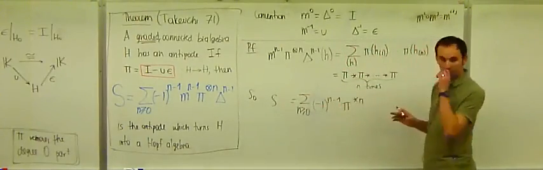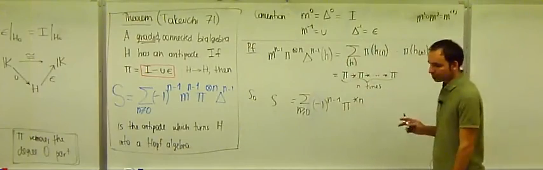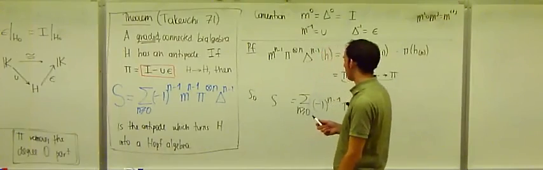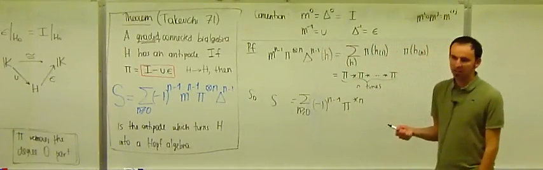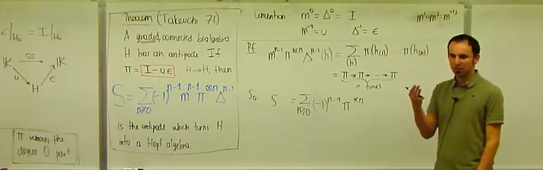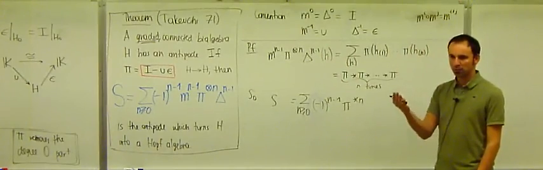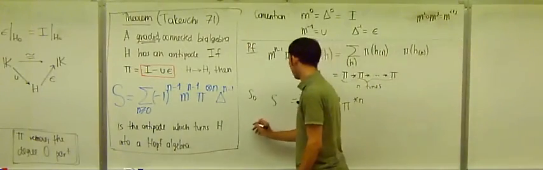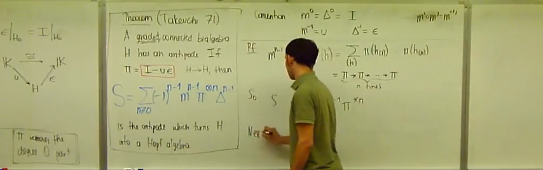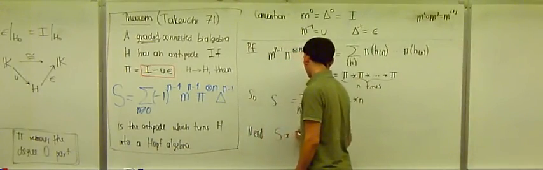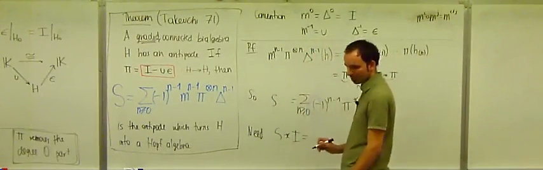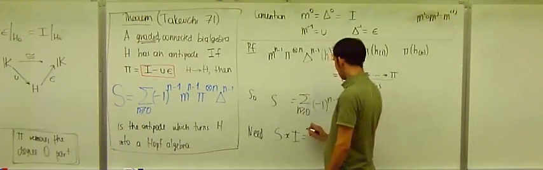S is equal to this. Now I want to show this is the antipode, and so what I have to check is that S convolution I is the identity. So I need S convolution I should be the identity, which is u epsilon.